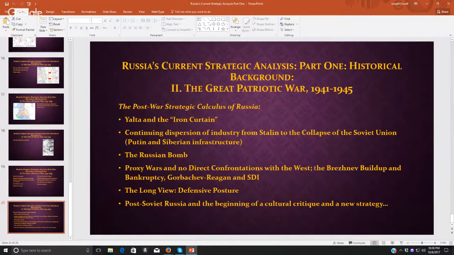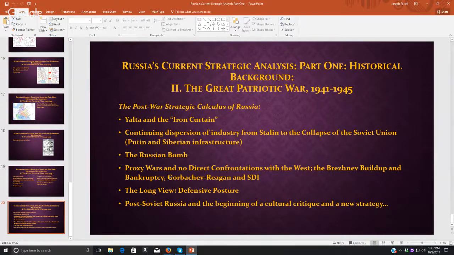The real Soviet attempt to maintain parity and to exceed the West militarily was the so-called Brezhnev buildup, a massive expansion of Soviet thermonuclear strategic and tactical forces, a massive conventional weapons buildup, which of course eventually bankrupts the Soviet Union.